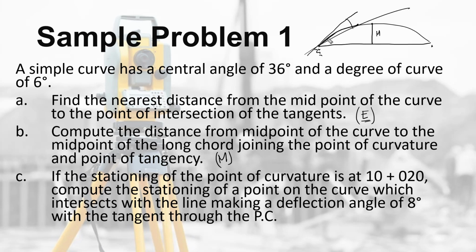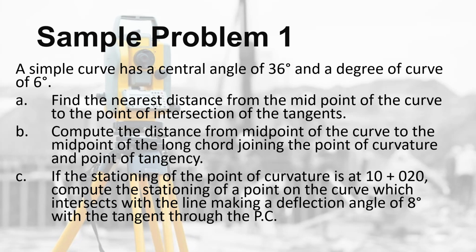Kapag nag-layout, aalamin yung bawat station nito at a certain angle. Halimbawa, at certain angle sa distance na yun. Parang point, point, point, point, para mai-layout natin yung curve. So, ito ang hinahanap dito is stationing pero at a specific point. Sige, siguro let's proceed na sa first question.